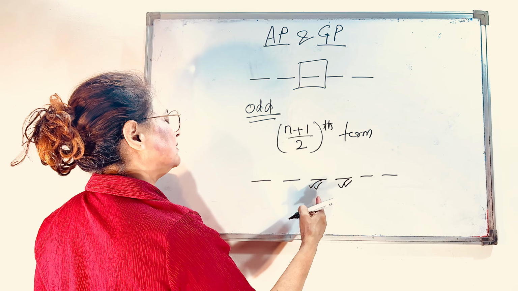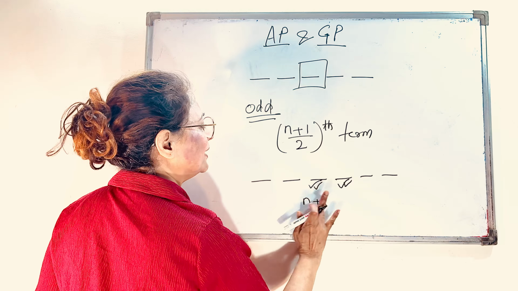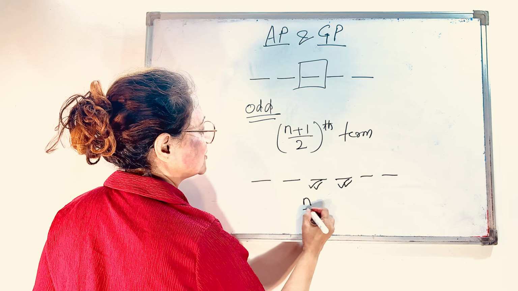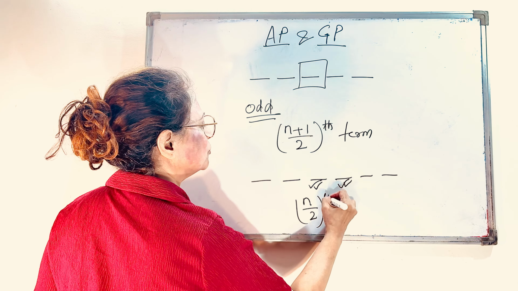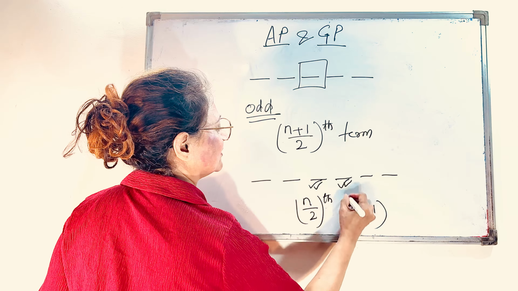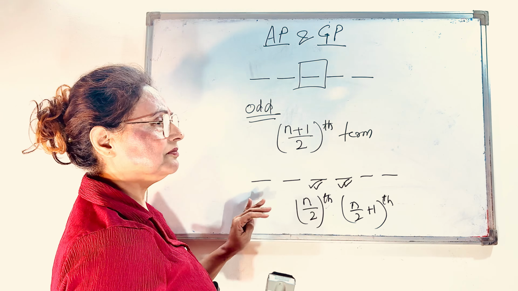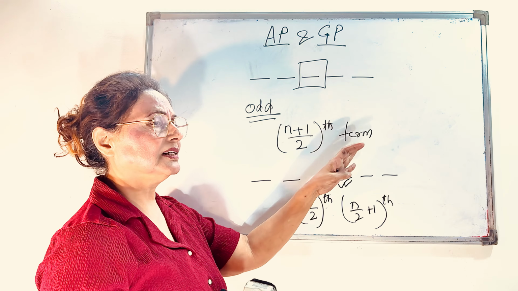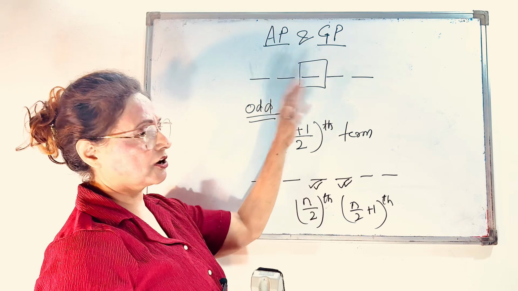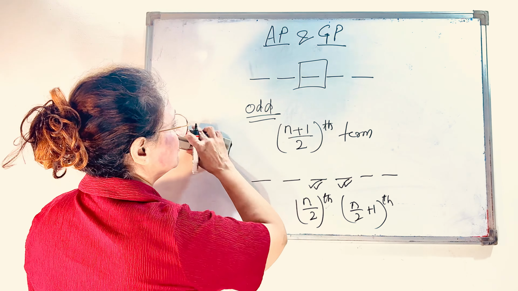So if there are an even number of terms, then the middle terms are the n by 2th term and the next term, which is the n by 2 plus 1th term. So if you have an even number of terms, just divide by 2 to get that term and the next term. If there are an odd number of terms, add 1 and divide by 2, that will give you the middle term.